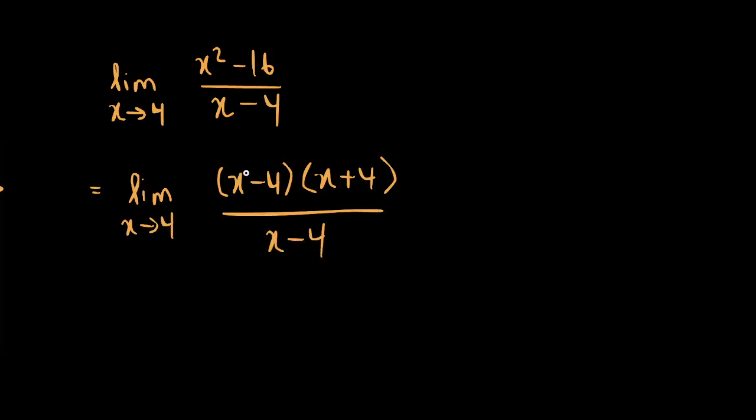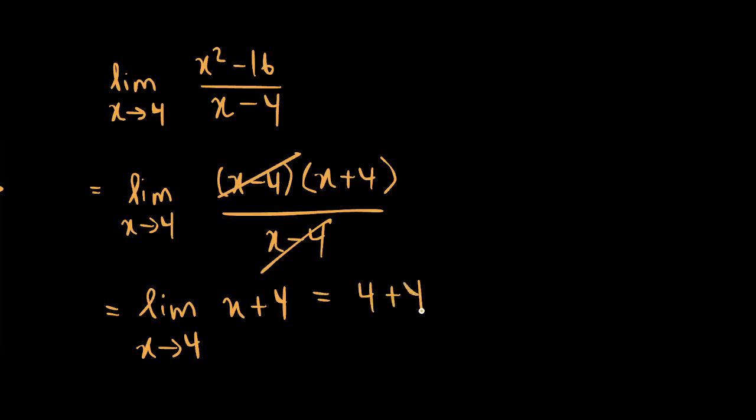This allows us to cancel out the x minus 4 from the numerator and denominator, giving us the limit as x approaches 4 of just x plus 4. So we were able to simplify this expression down to just x plus 4, where now we're able to use direct substitution, giving us 4 plus 4, and so our limit is going to be equal to 8.